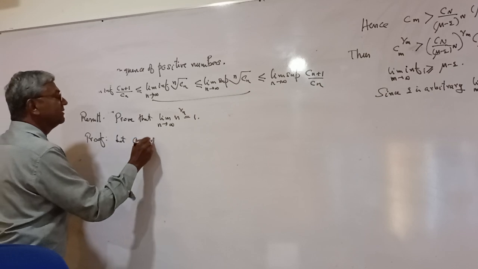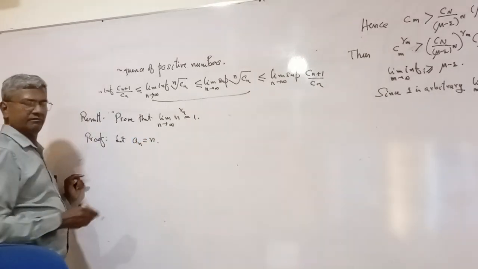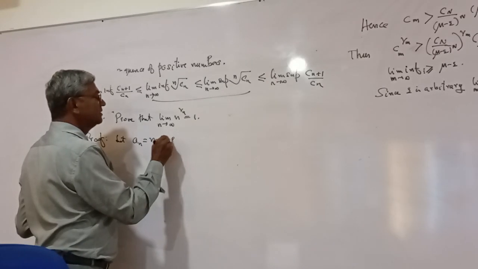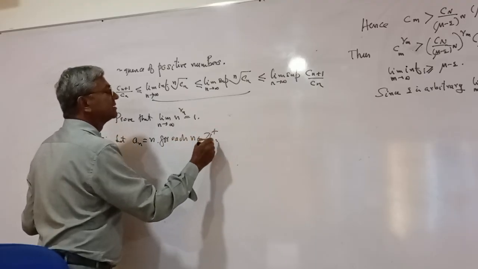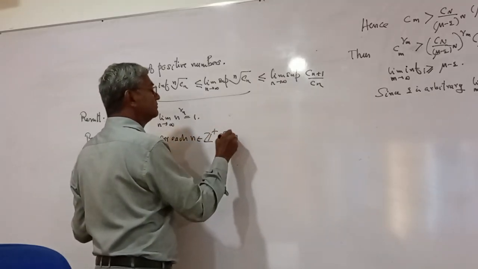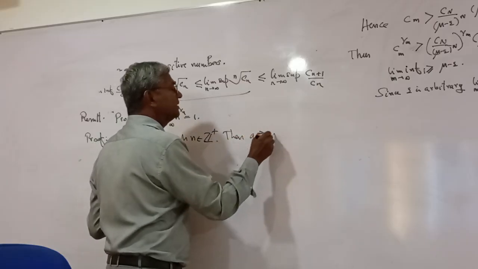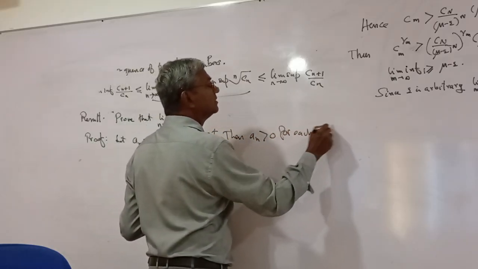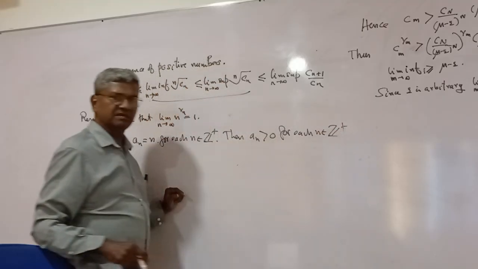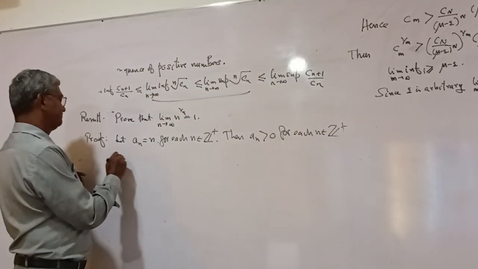Let a n be equal to n for each n belonging to Z plus. Then a n is greater than 0 for each n belonging to Z plus.